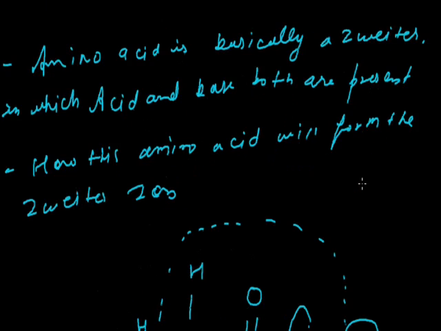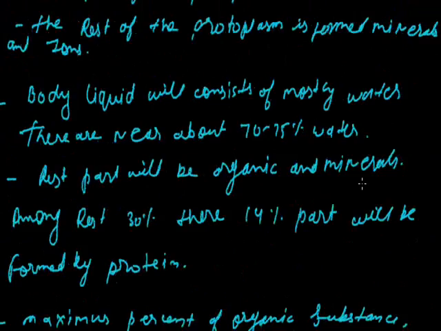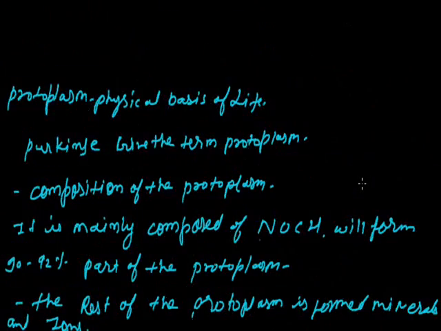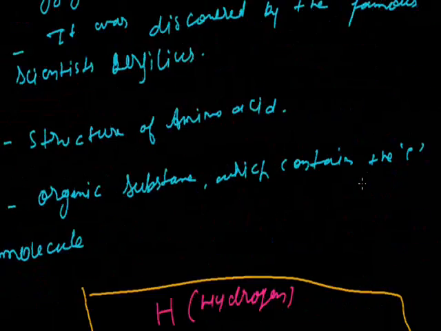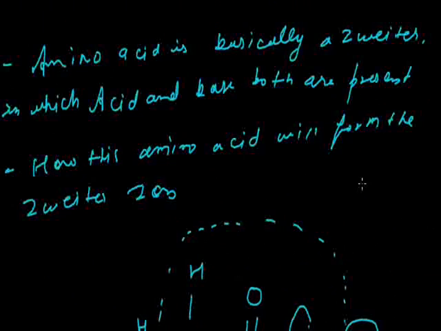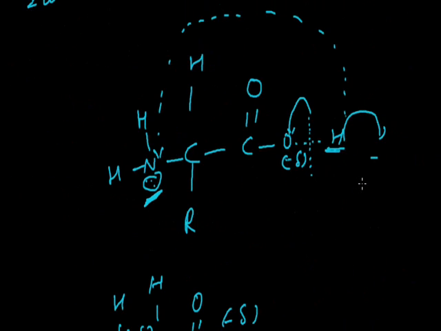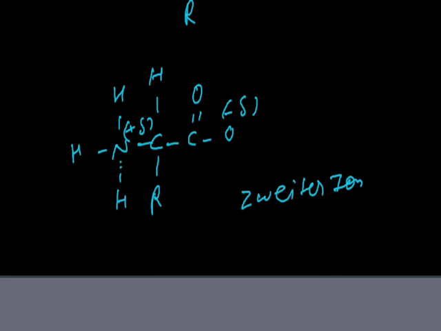Here we can simply say that this zwitterion is a very important part of the protein structure, because it shows the grouping of acid and base both. Next we'll discuss how this zwitterion will form protein molecules. Later we'll discuss the formation of protein molecule.